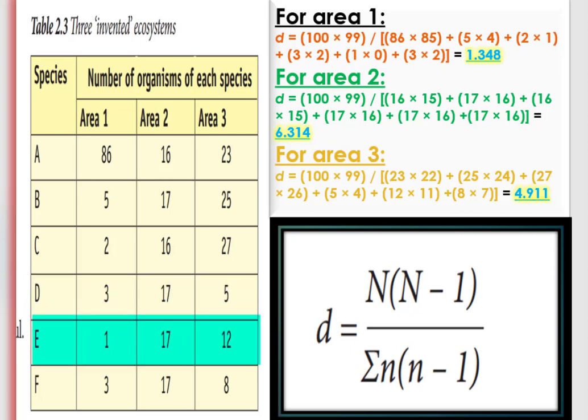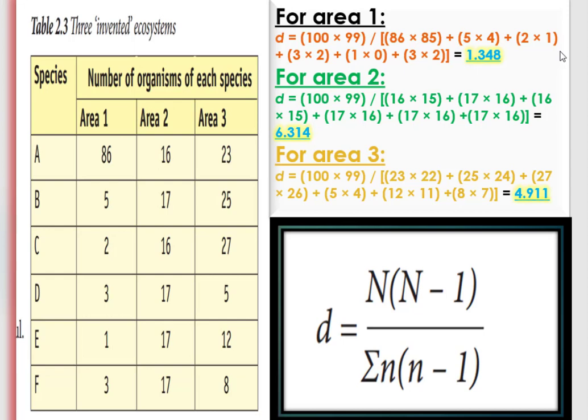Species E has 1 member at area 1, 17 at area 2, and 12 at area 3. Species F has 3 members at ecosystem 1, 17 at ecosystem 2, and 8 at ecosystem 3. That means these different species have different numbers of individual members at different ecosystems.